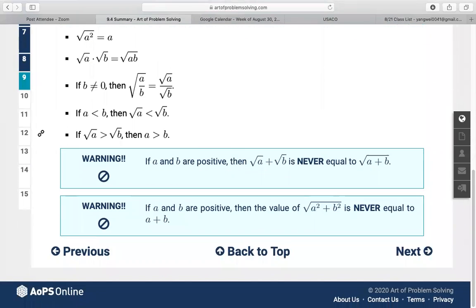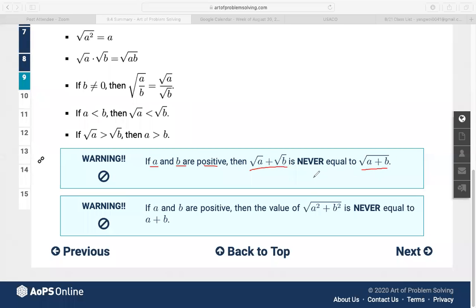Now here there's a very important concept. If a and b are positive, root a plus root b never equals the square root of a plus b. See, here a and b are positive, then this will never equal this.